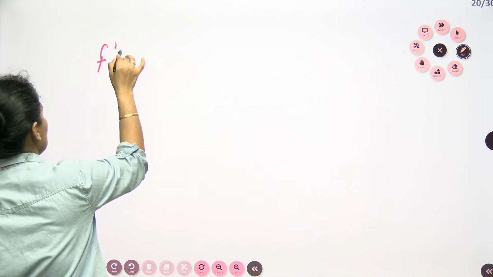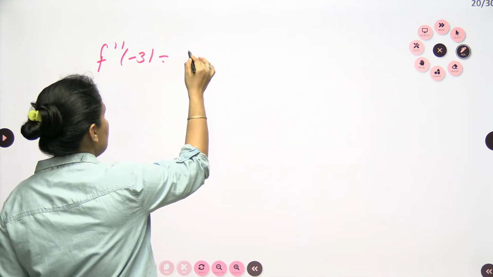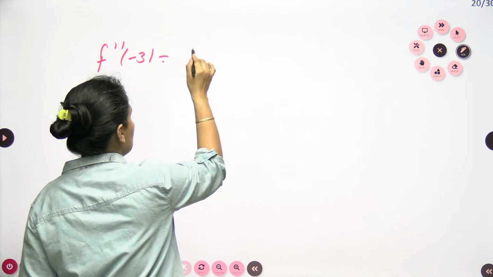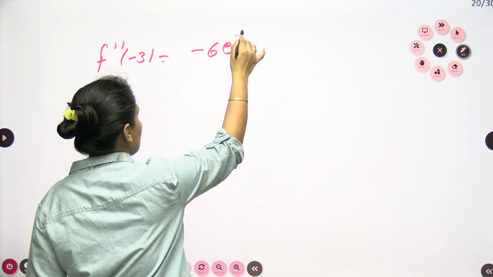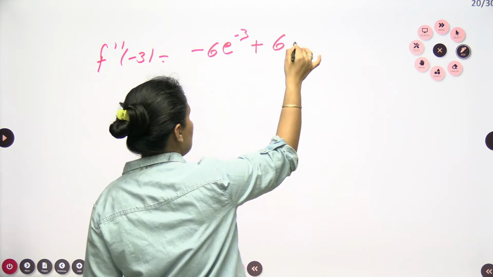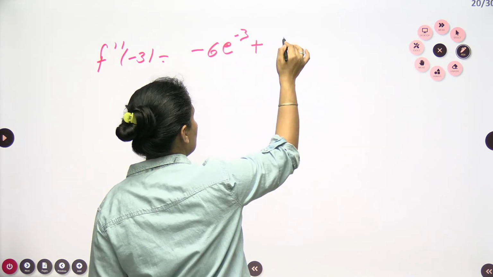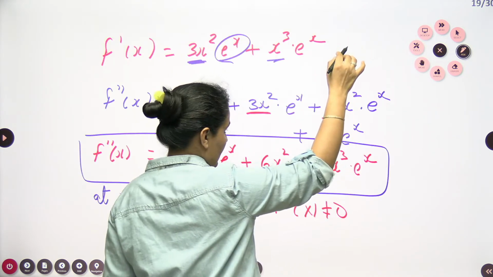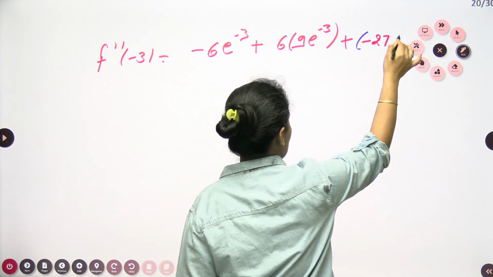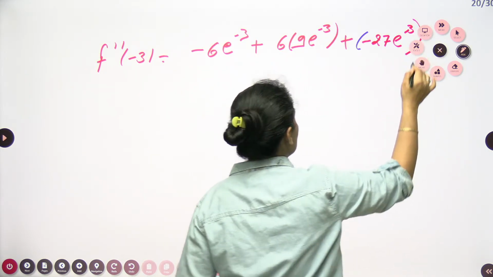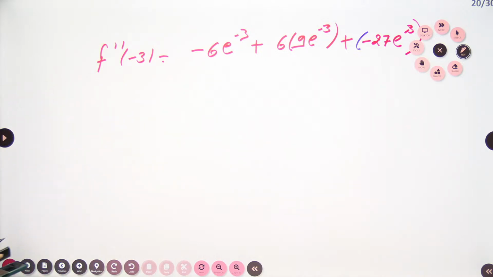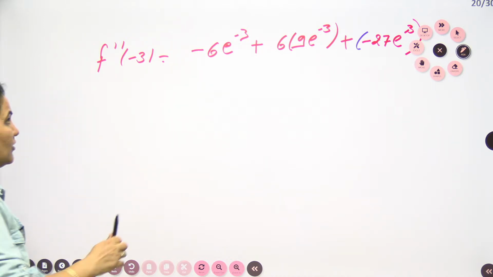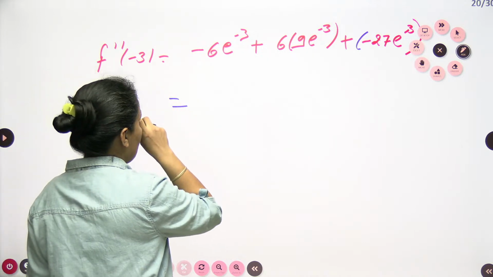When I put here x equals minus 3, so this will be 6 into 3, so this will be minus 6 e to the power minus 3, plus this is 6 into 9, so you can go with the 6 into 9 e to the power minus 3, plus the next is again minus 27 and e to the power minus 3. So when we check the values here, I can see this will give me 27 as a positive.